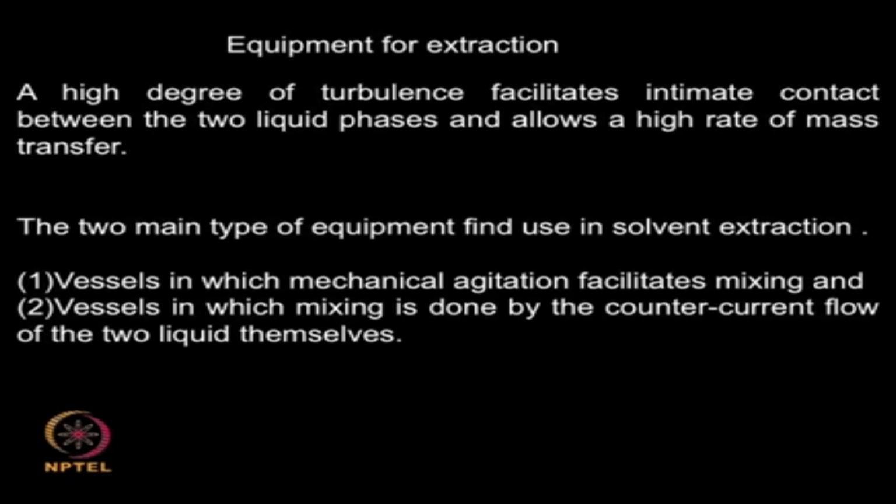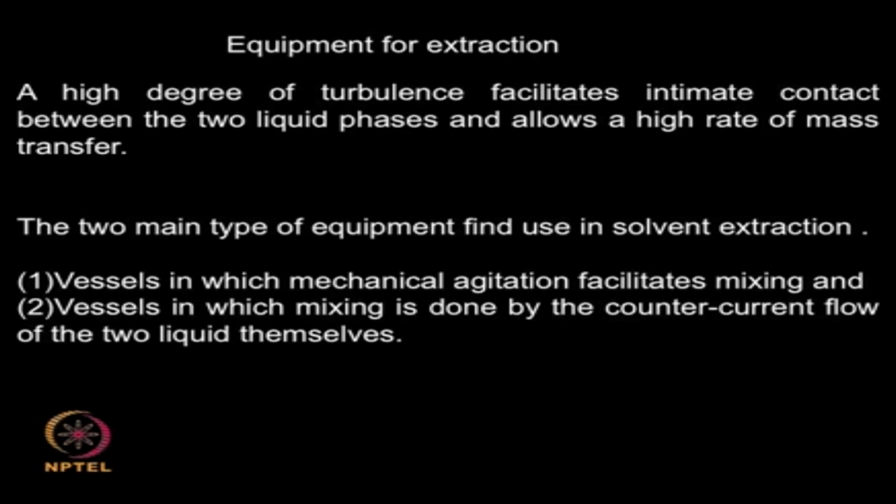So the mass transfer limitations, the movement of the solute from the heavy to the light, needs to be speeded up. So you need to create turbulence between the two different liquids, so that the solute moves very fast from the heavies into the lights. So it is not only the thermodynamics, you are also wanting to improve or speed up the kinetics.